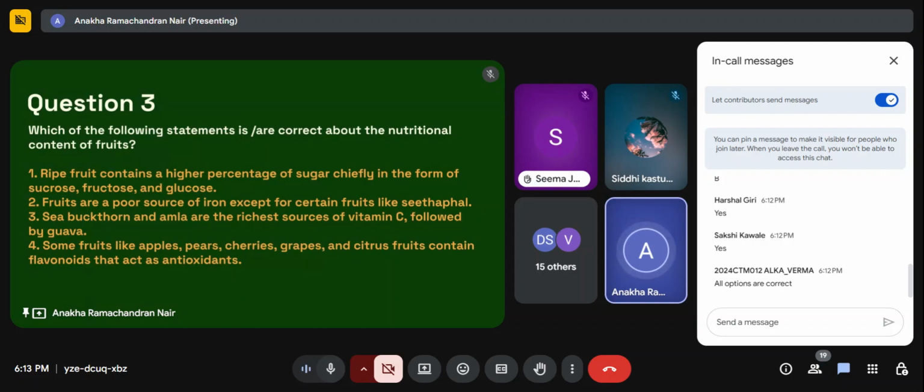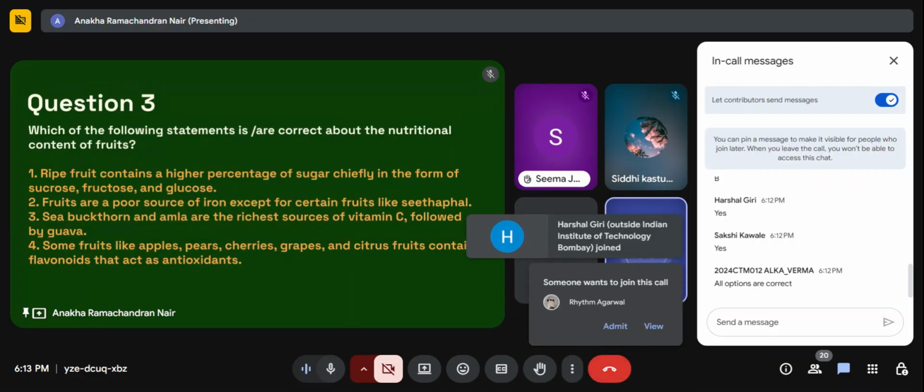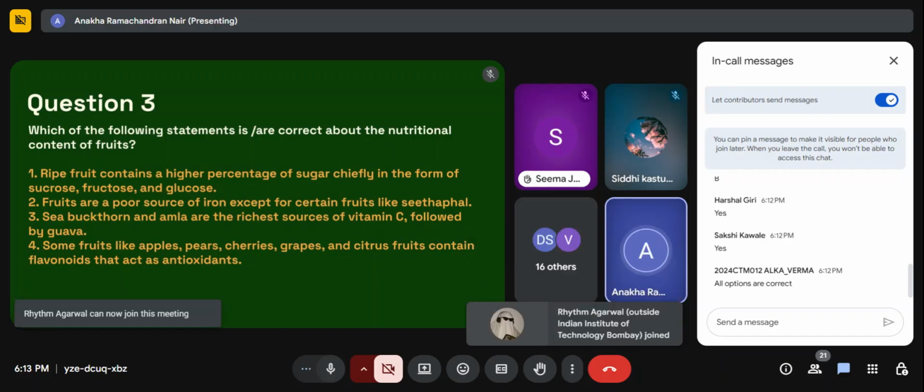Sitafal is high in iron, but most other fruits do not have a high iron content. Sea buckthorn and amla are the richest source of vitamin C, followed by guava. It is not lemon like we are told usually. And option four, some fruits like apples, pears, cherries, grapes, and citrus fruit contain flavonoids that can act as antioxidants, is also correct. So the correct answer is all four of them.